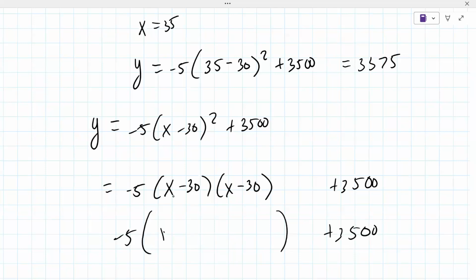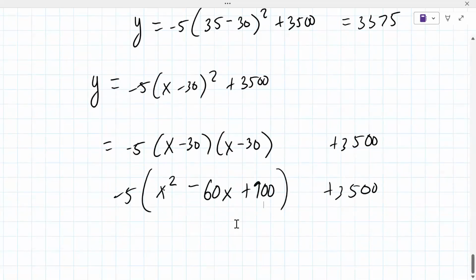I got x squared plus 900 minus 30x minus 30x. So when you combine those, it's going to be minus 60x plus 900. And you probably see that I put everything in parentheses here. The reason is this minus 5 multiplies in everything.